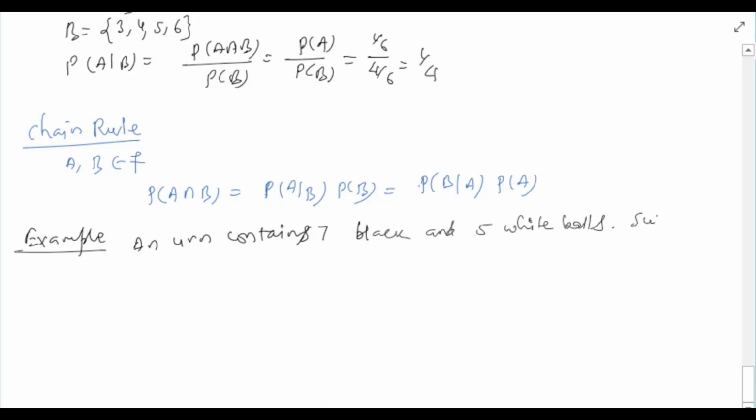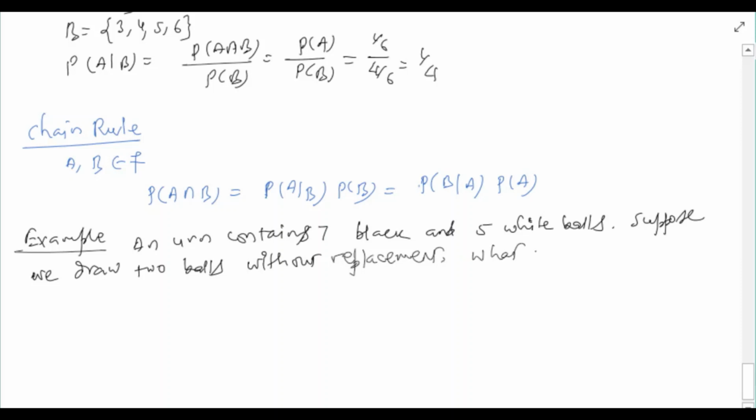Suppose we draw two balls from the urn without replacement. What is the probability that both the balls are black? We are interested in probability that both the balls are black.